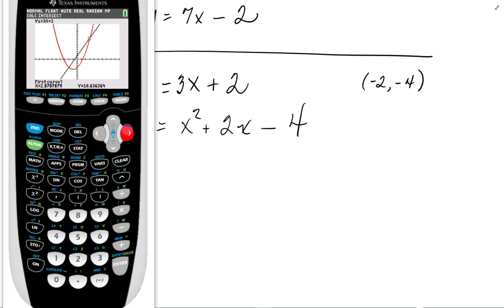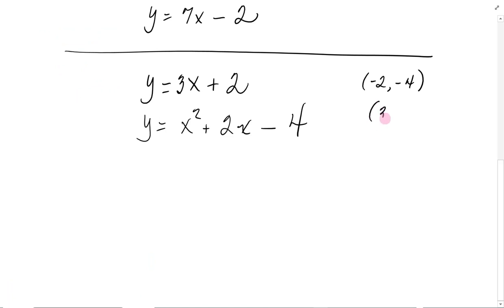I'll just do this. When you get close, enter, enter, enter. The other intersection is the point 3, 11. So you can have multiple points of intersection. Okay?